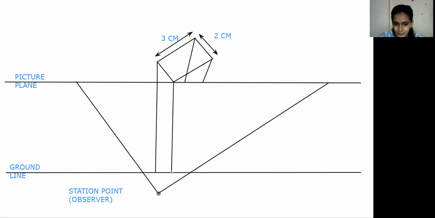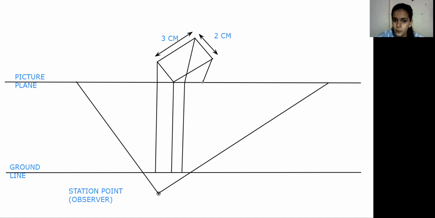Now this line. Which line? This point of the plan is touching our picture plane. The part of our plan which is going to touch the picture plane, and the vertical line from it, is known as the measure line. Why measure line? Because we can measure the original dimensions of our object from the measure line only.